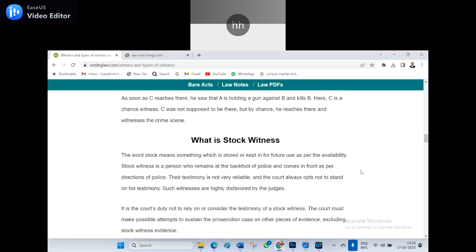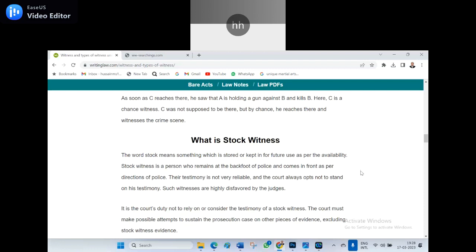Yes, sir. And stock witness. The word stock means something which is stored or kept for future use as per availability. The stock witness is a person who remains at the back foot of the police and comes to the front as per direction of the police.